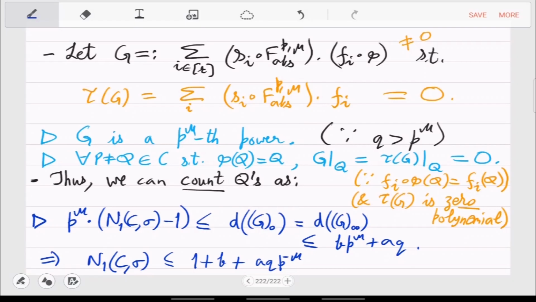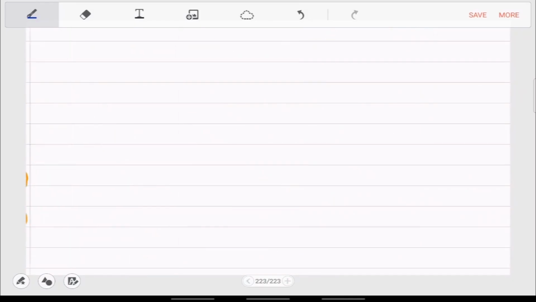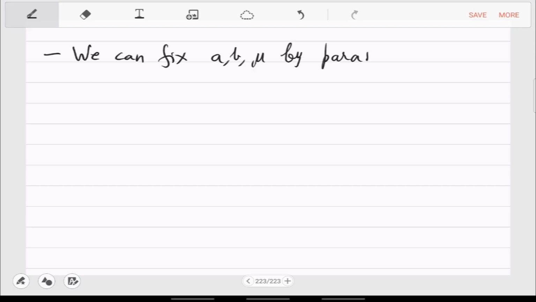So let us just fix and finish. So we can fix A, B, mu by parameter chasing. So let's see, we have to ensure all the constraints.